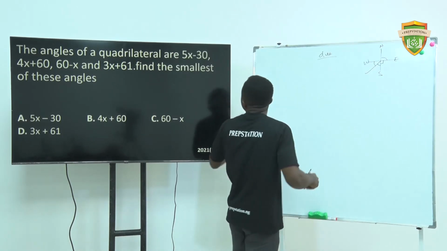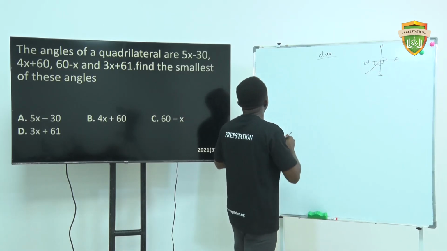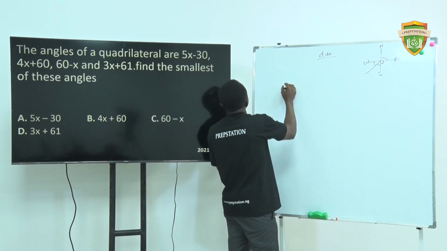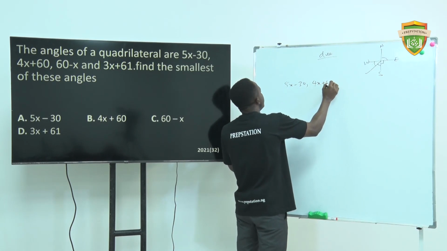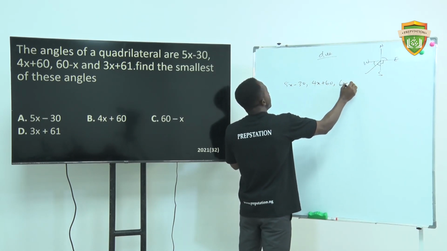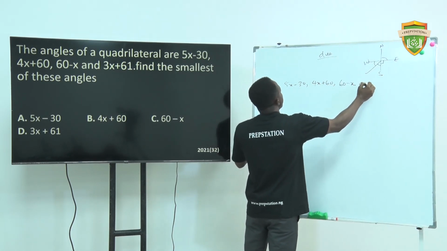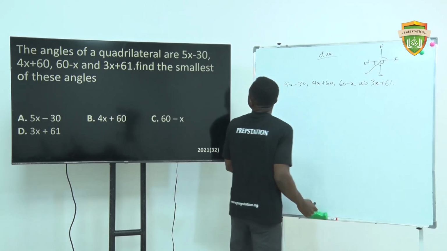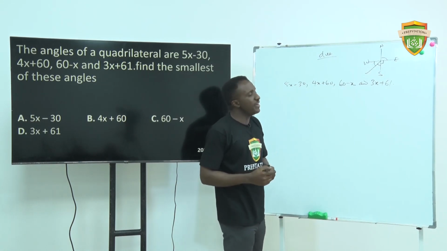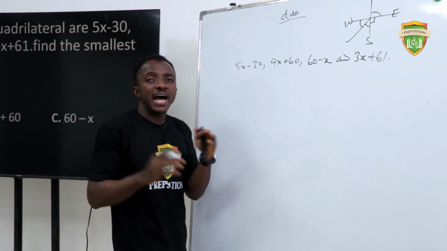Okay. Now, the angles of a quadrilateral are 5x minus 30, 4x plus 60, 60 minus x and 3x plus 61. Find the smallest of these angles. Very, very simple. Now remember, a quadrilateral has 4 sides.